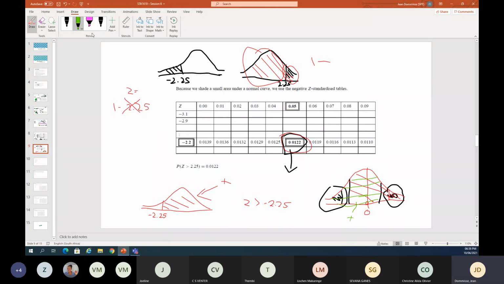So if I have an area that I know it's going to be bigger than 0.5, I use the positive. If I know the area is going to be smaller than 0.5, I use the negative. I hope I haven't now confused you with that, but that is nearly how I normally look at it. Thank you.